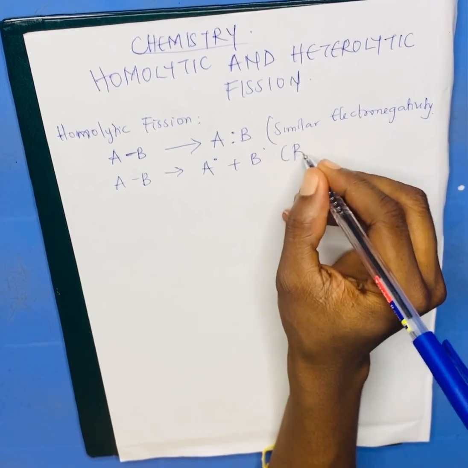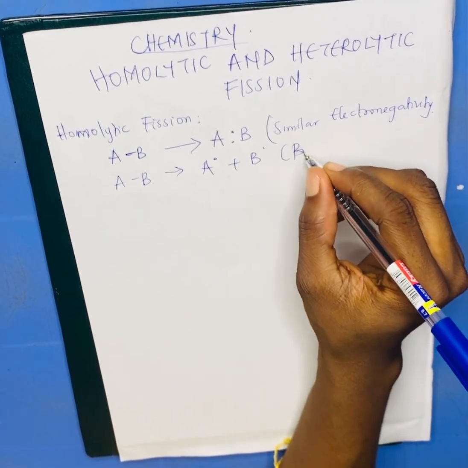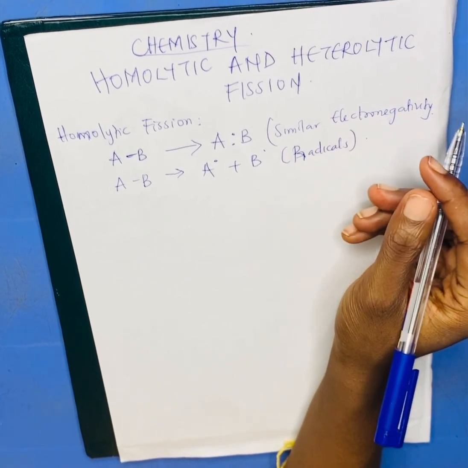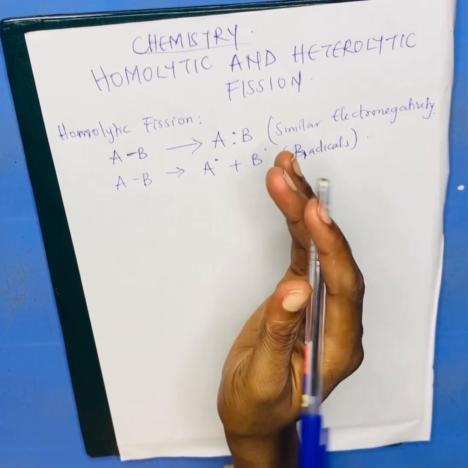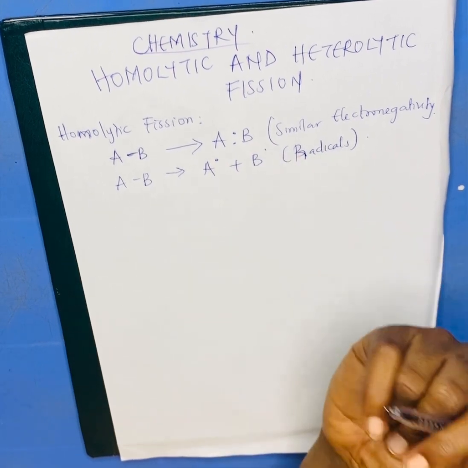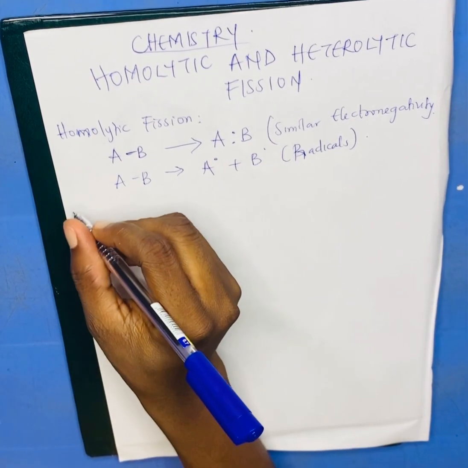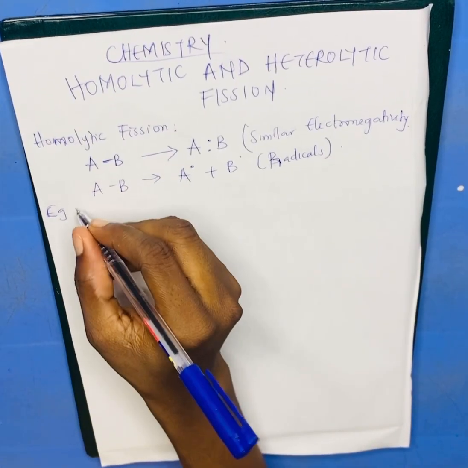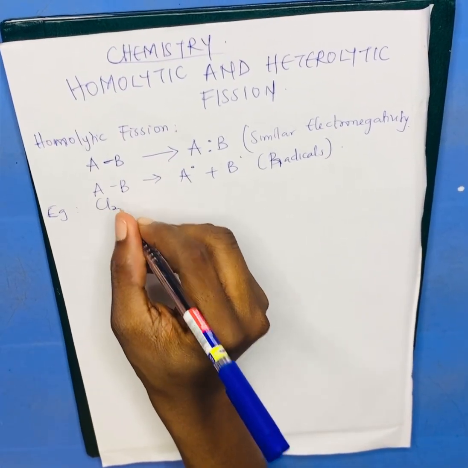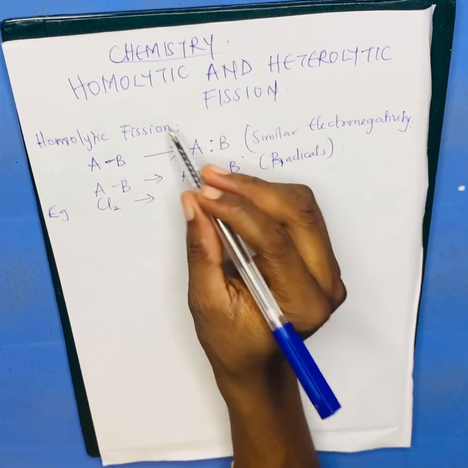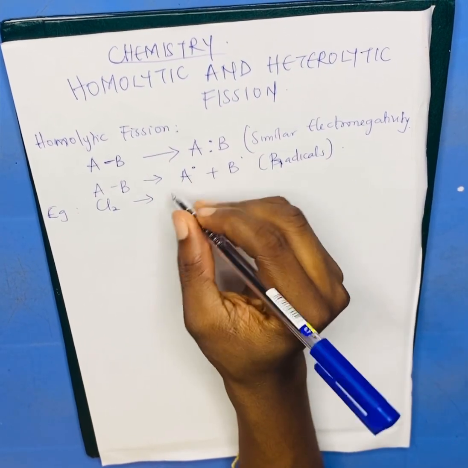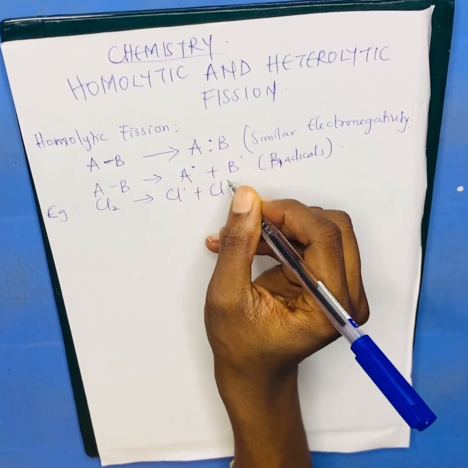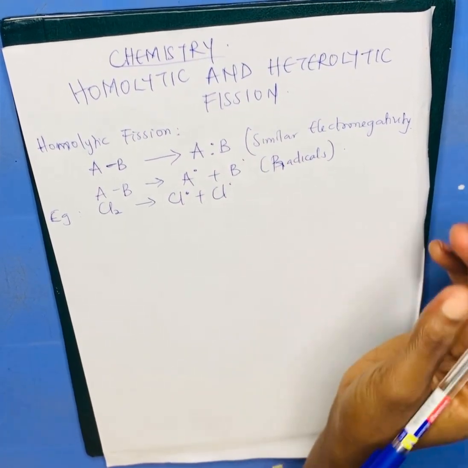Both of these are called radicals. It happens between atoms with the same electronegativity, like I said. So let's take for example the chlorine molecule. When the chlorine molecule undergoes homolytic fission, we have chlorine radicals being formed.